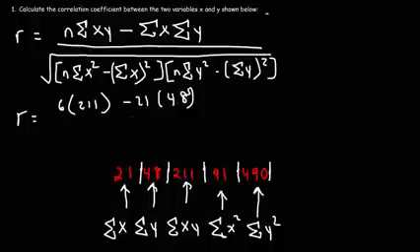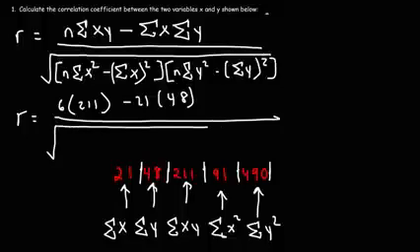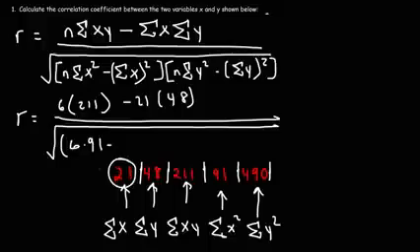So at this point, we just gotta plug everything into this formula. And then it's going to be n times the sum of the x squared values, which is 91, minus the sum of the x values squared. So that's 21 squared.